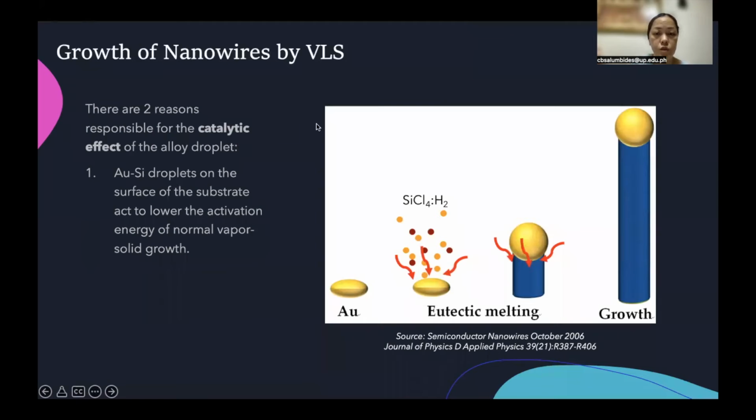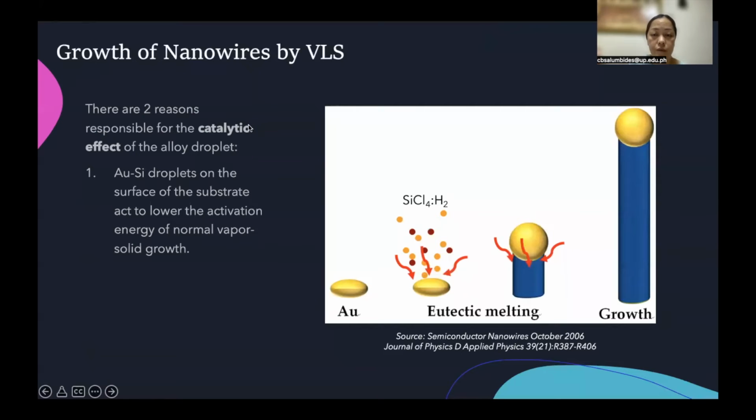As shown in this picture, for example, silicon can be deposited by means of a mixture of gases containing silane and hydrogen. In normal vapor solid growth, deposition only happens at temperatures above 800 degrees Celsius, but below this temperature almost no silicon will be deposited onto the growth surface.